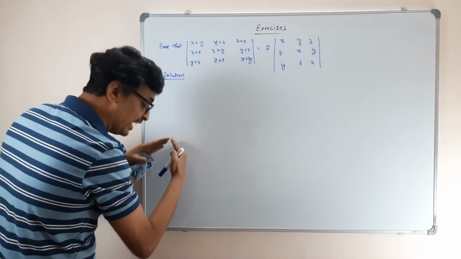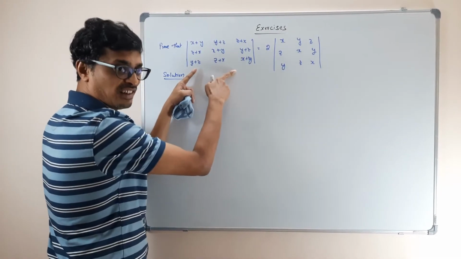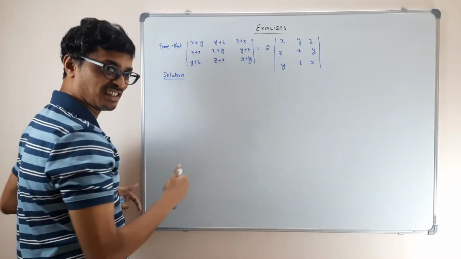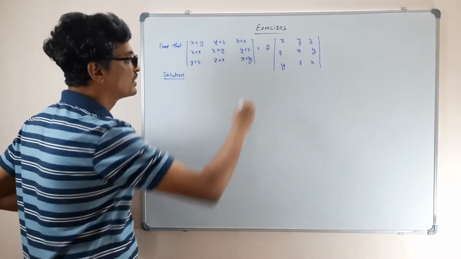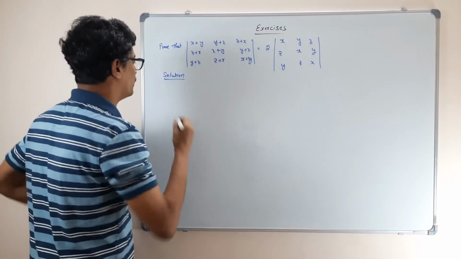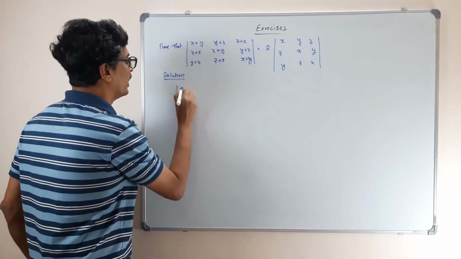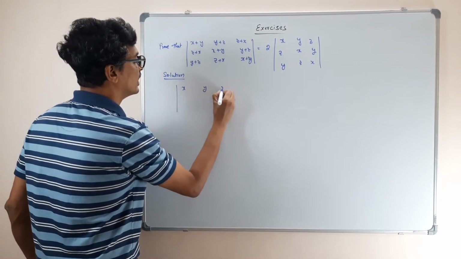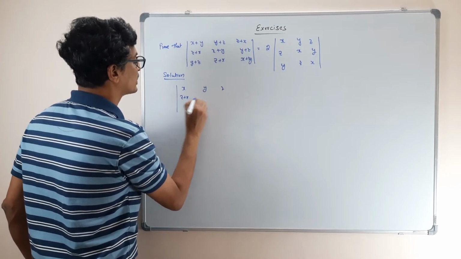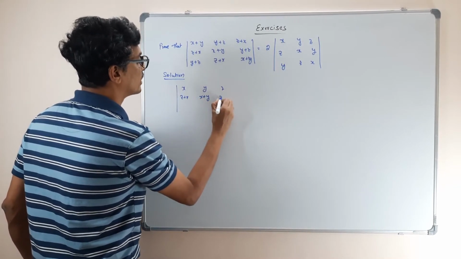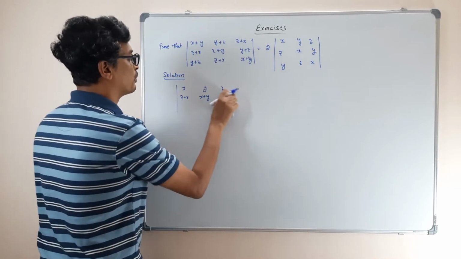And the next one, each one becomes 2, correct? The last one makes it 8. You understand? Then finally you will see this will come out. Okay, if I want to do it, we will do it out. Simple. See what happened? This will be x, y, z, z plus x, x plus y, z plus y plus z, correct?